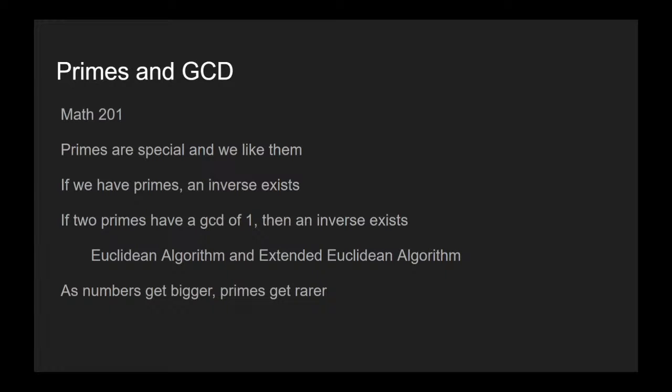So the first time you're going to see this concept is when you're in Math 201 and Spanier or Wickline or whoever you're taking it with tells you, today we're learning about the Euclidean algorithm and the extended Euclidean algorithm. And they work with the GCD equals 1.